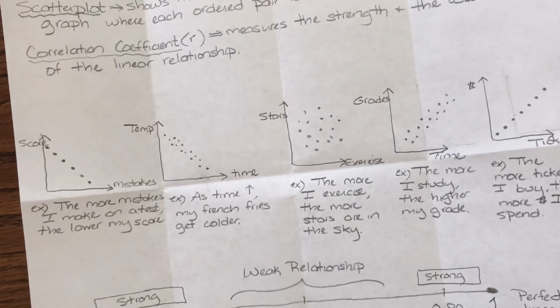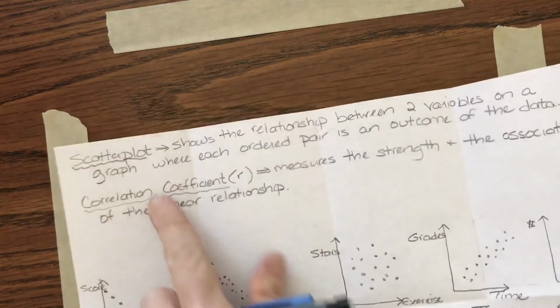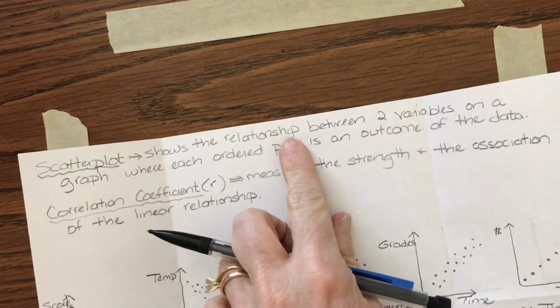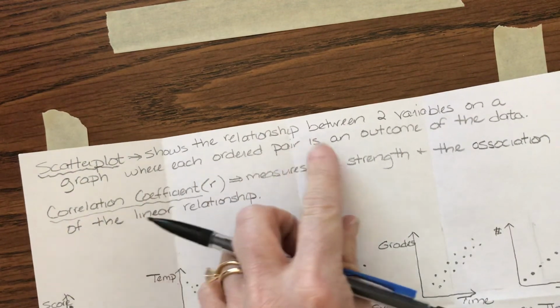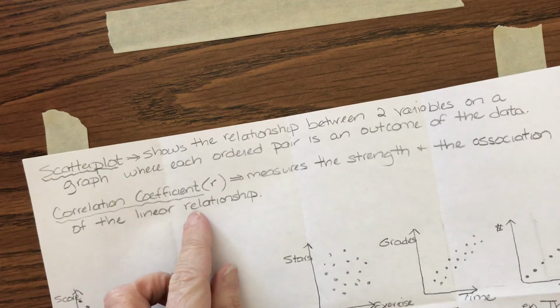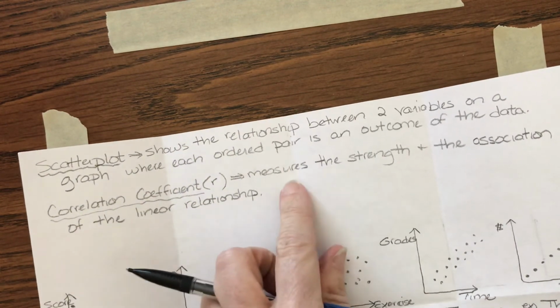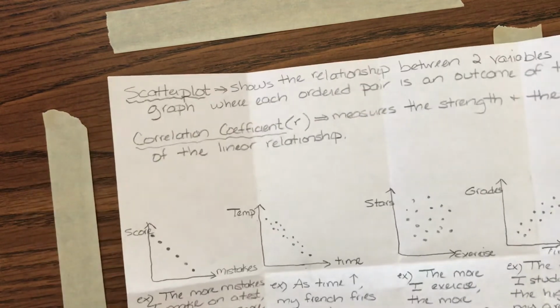So before we put this aside and finish up for today, let's just go back and look at what we've got here. We have a definition for scatter plot. It shows a relationship between two variables on a graph where each ordered pair is an outcome of the data. Correlation coefficients, well, these are the numbers. They measure the strength and the association of the linear relationship.